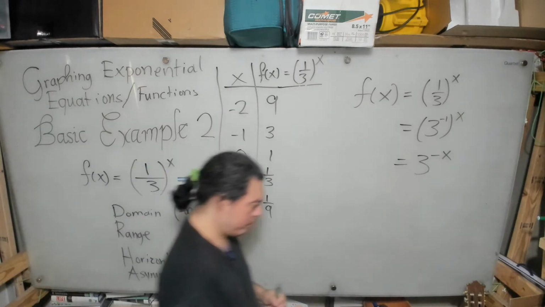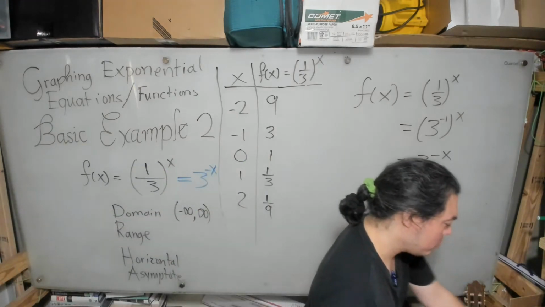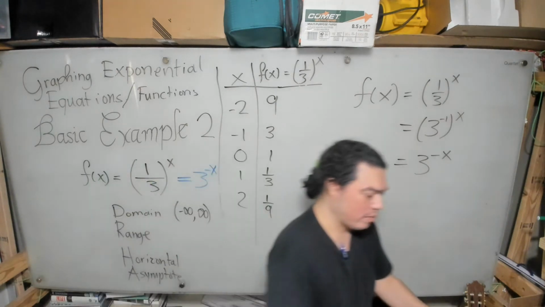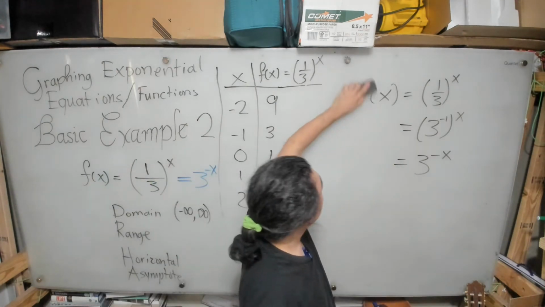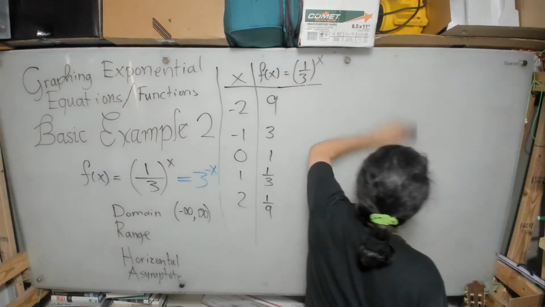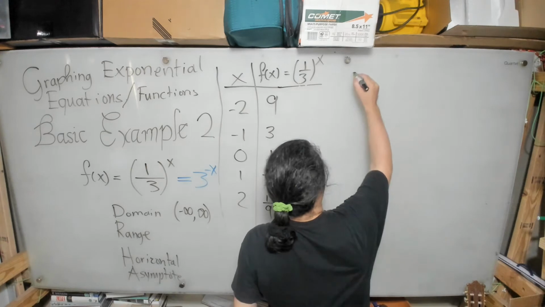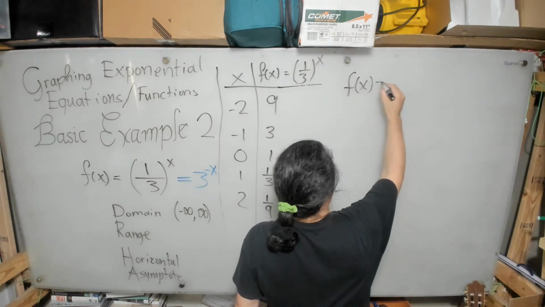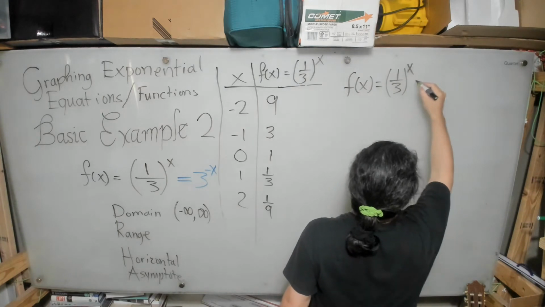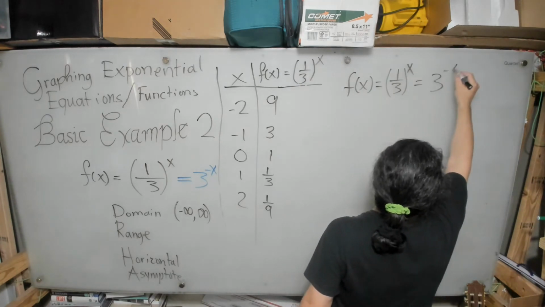Let me write that down here, and I'm going to make a quick discussion about that. It's very important. So I have f of x is equal to 1 over 3 to the x, or equivalently 3 to the negative x.